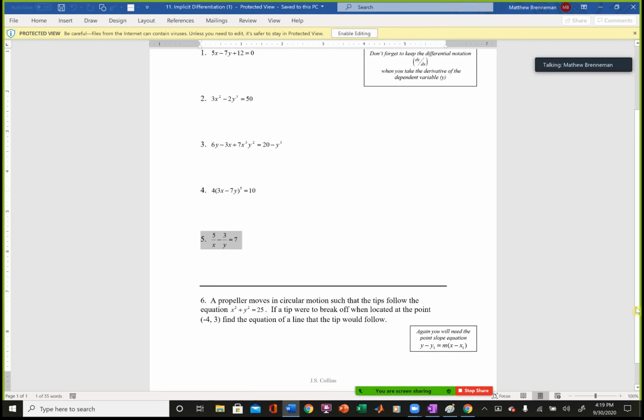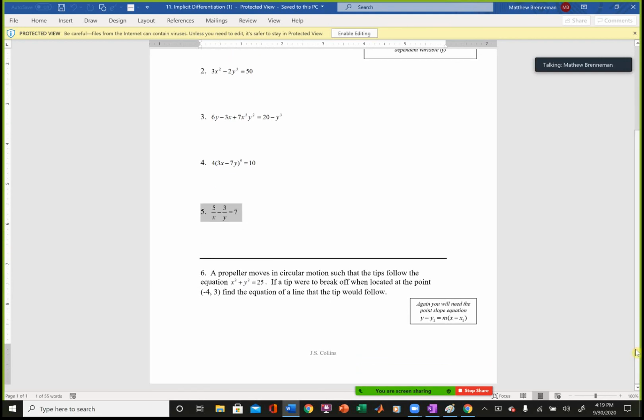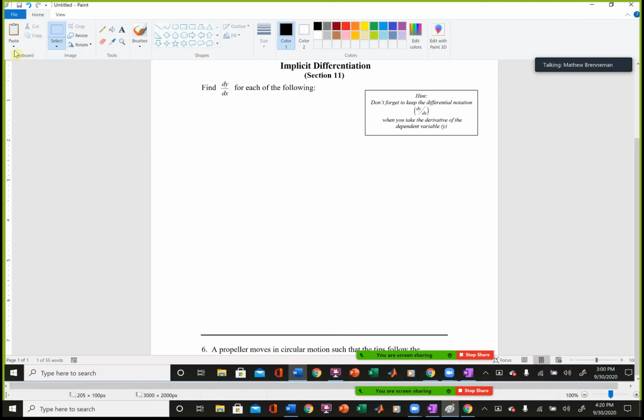Now, let's look at problem 6, okay? This is a really good problem, actually. This is a problem that would probably be difficult for most people to do just cold. And I'm just going to talk about setting it up, okay?